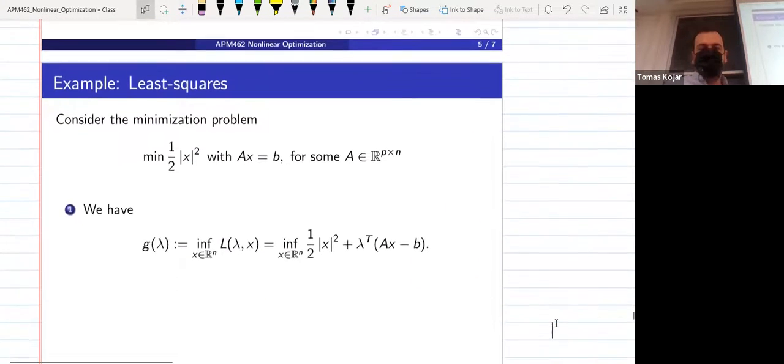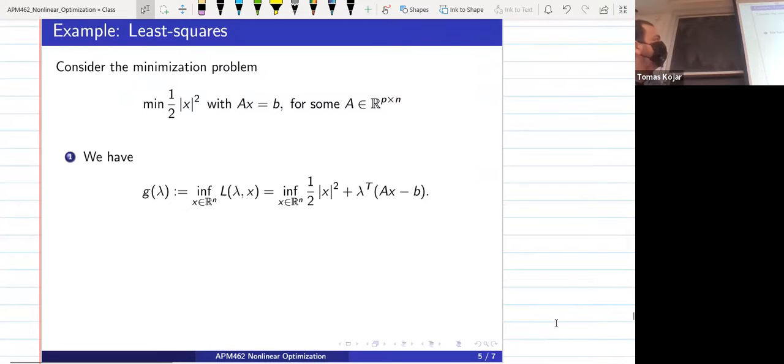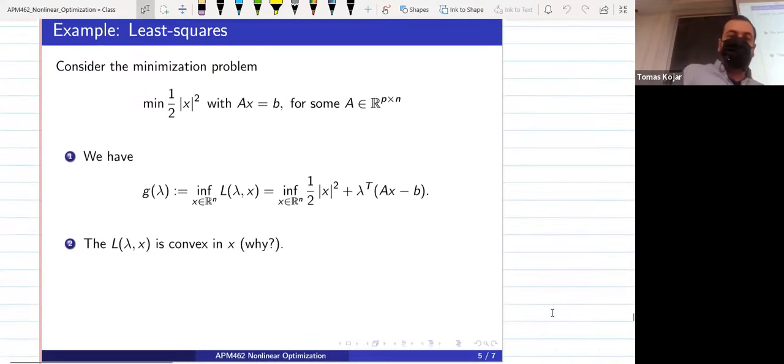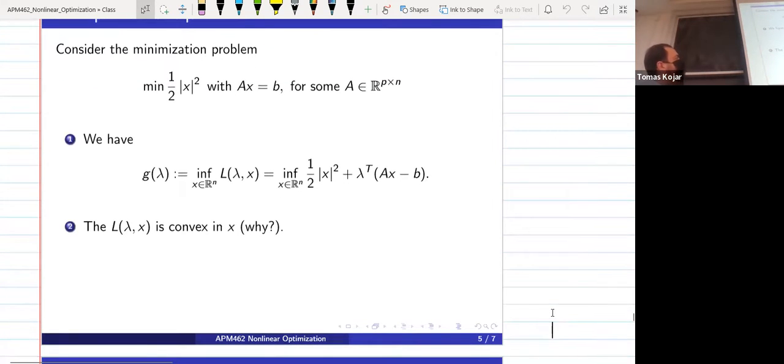All right. So I have to compute this dual for you. Meaning I have to take the infimum over x for this guy. Right, yeah, that's a good question. So why is this guy convex? Any ideas?